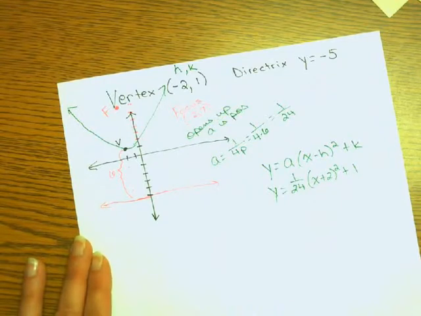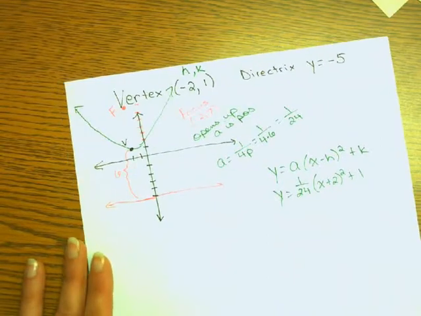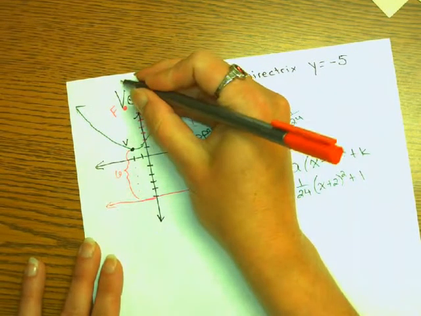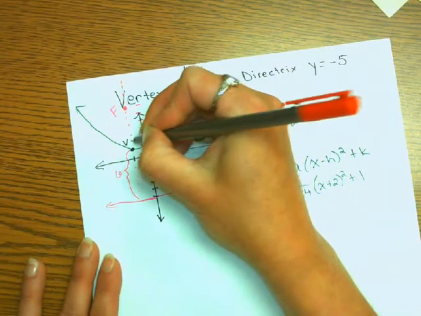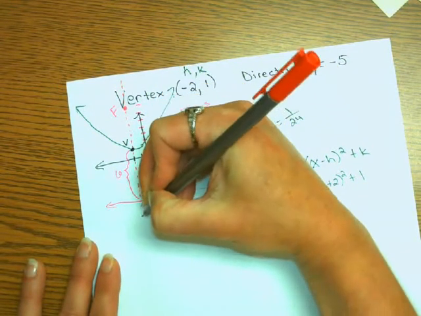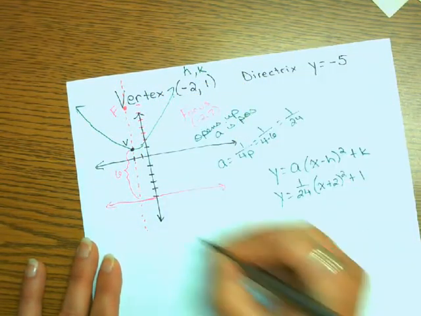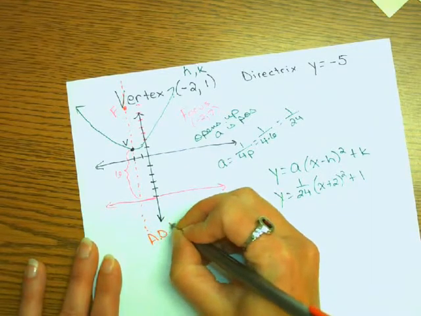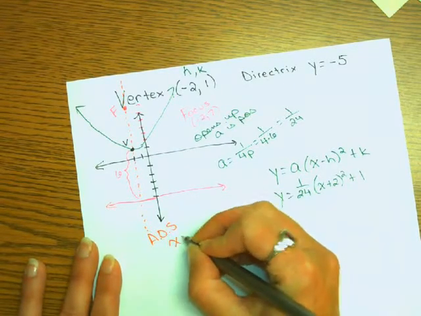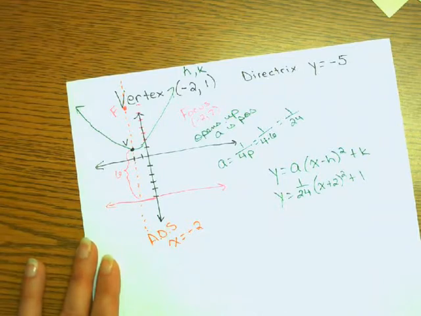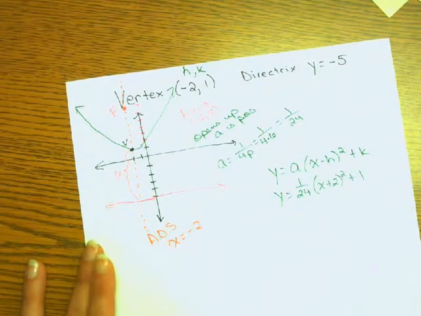Question. Where's the axis of symmetry? Oh, axis of symmetry not only is going through my vertex, but it also goes through the focus. My axis of symmetry would be x equals negative 2. What would be my domain?